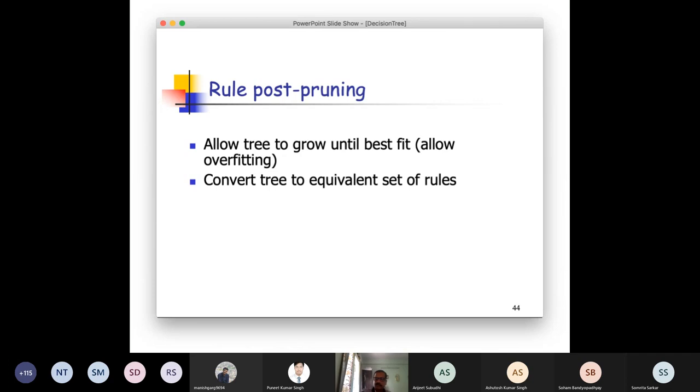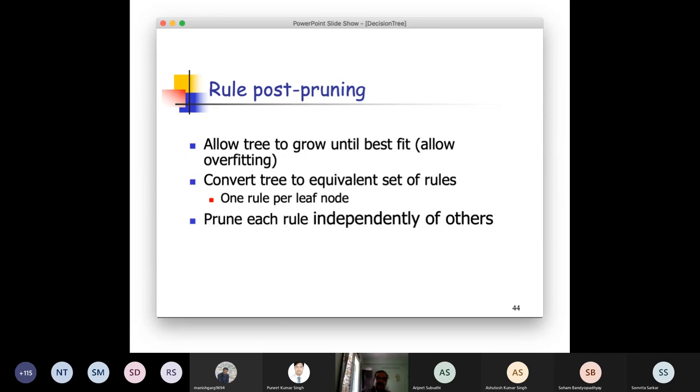So instead of doing pruning over the tree, you are doing pruning over the clauses itself. And then after getting all these, you can convert them either into a decision tree, or you can keep it as a set of rules and apply it.